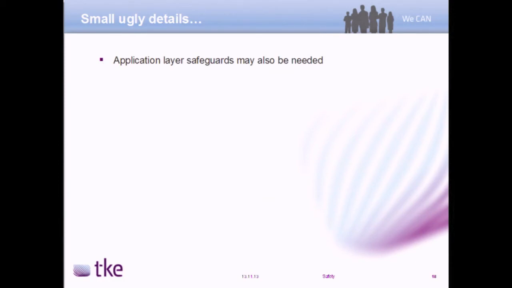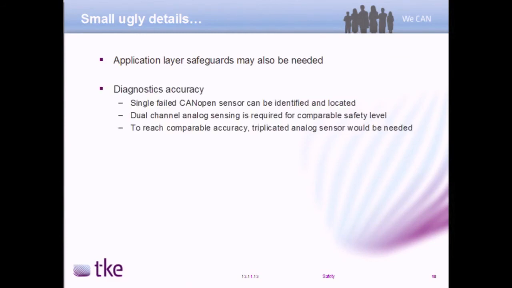And of course, there may be different kinds of systems. But then, diagnostic accuracy. One requirement in functional safety is clear indication of the faults. If we have analog stuff, no way.